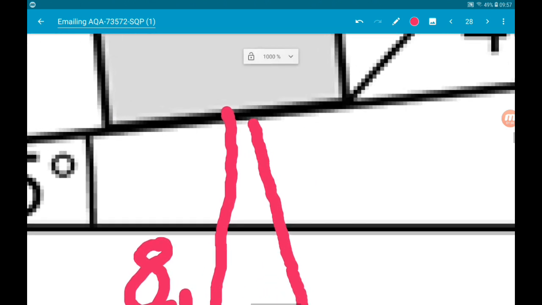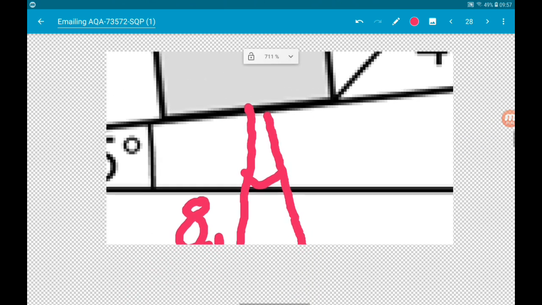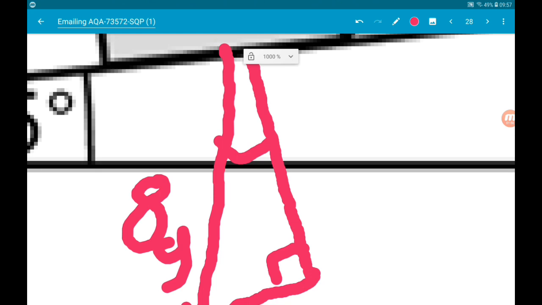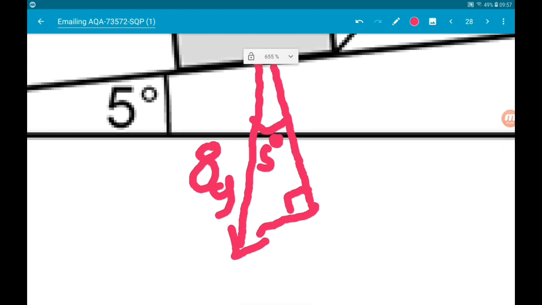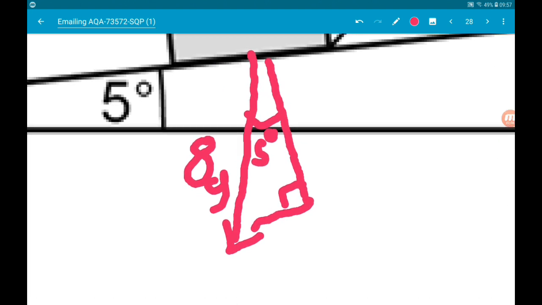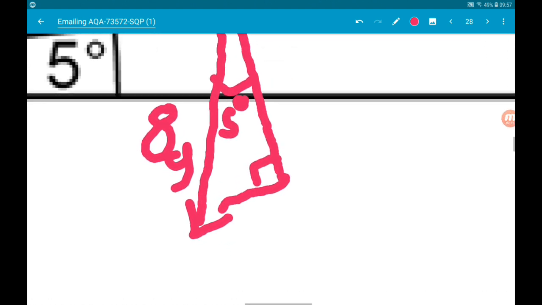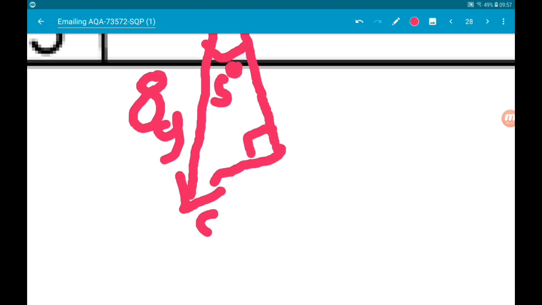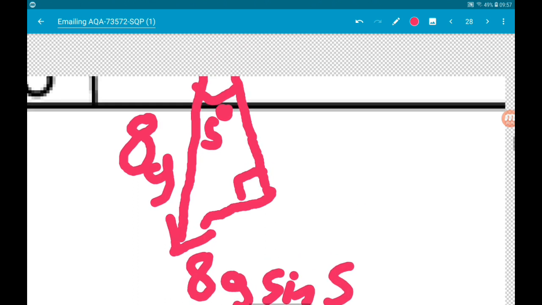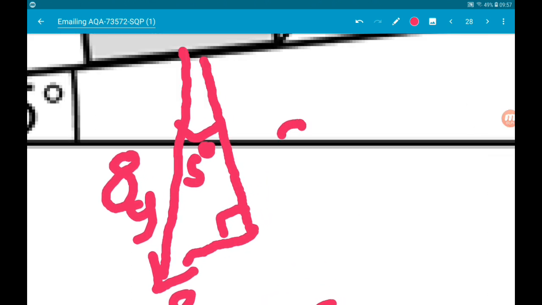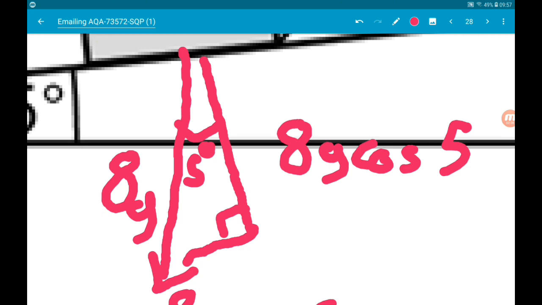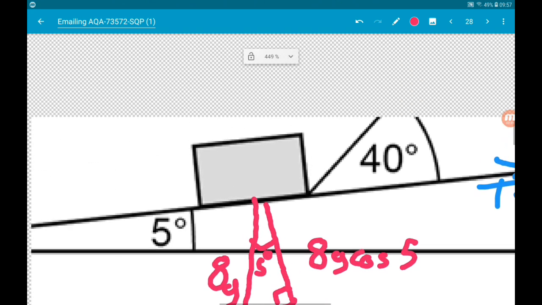Now we know this angle here is also going to be 5 degrees. So the hypotenuse of that right angle triangle is 8g. So the opposite is going to be 8g sine of 5, and the adjacent is going to be 8g cos of 5.